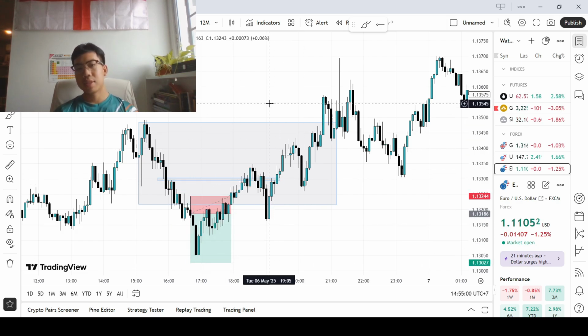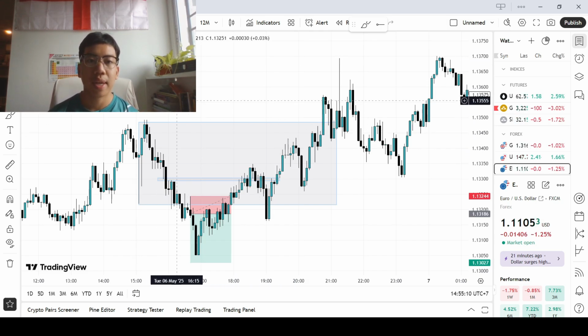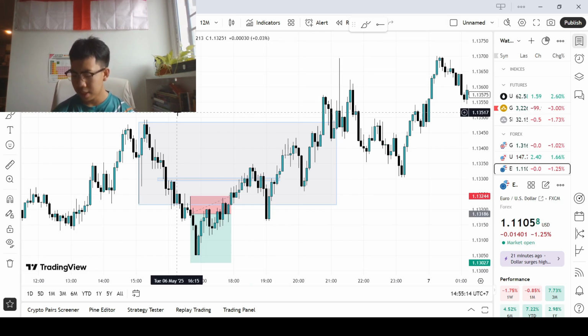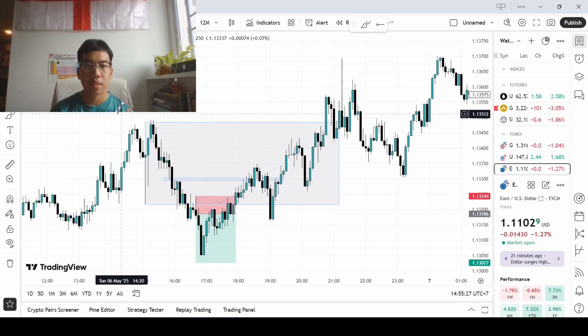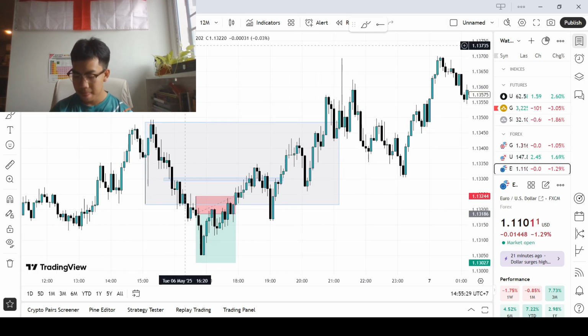So that was an hour or so after the start of London session in my time zone. This trade was a loss. It was a loss for me, and I'm going to go over the process that I took for this particular trade. So it's a short position.